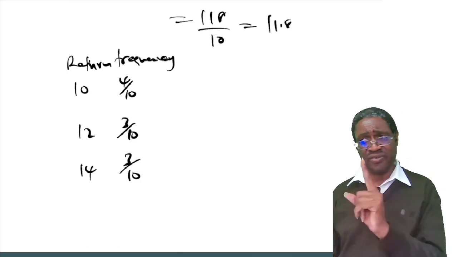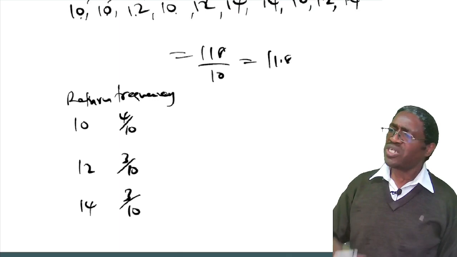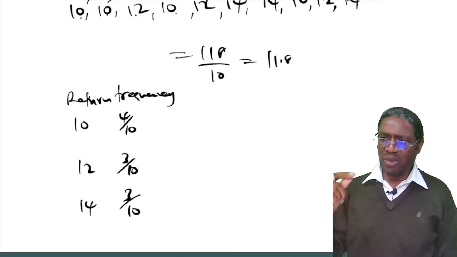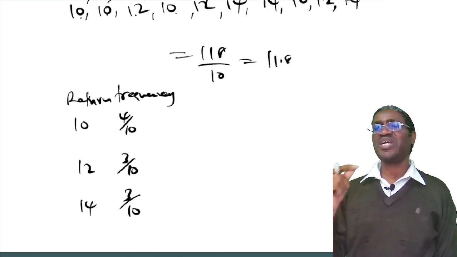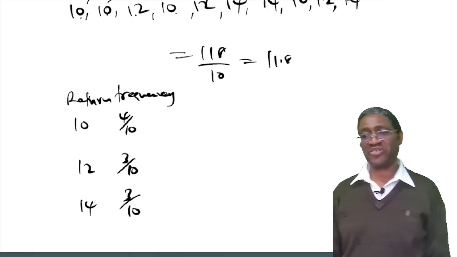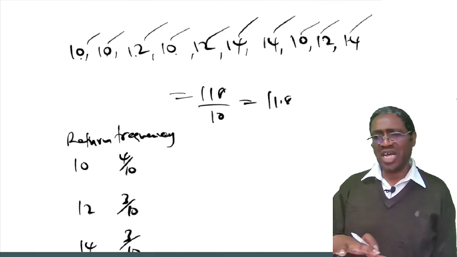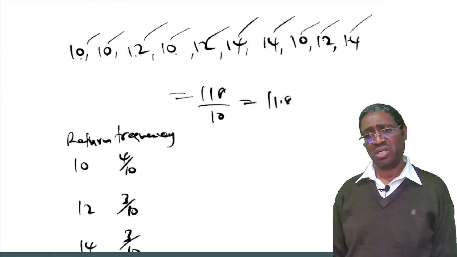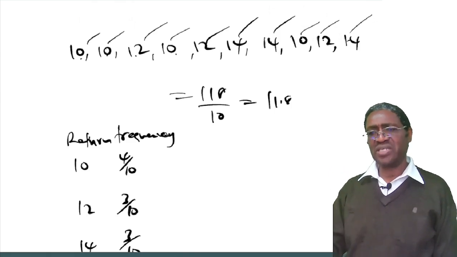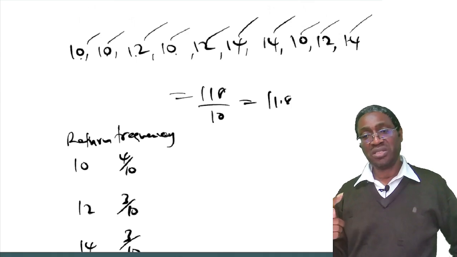Now listen carefully. You may be asked, what is the probability that I will get a return of 10% on my investment, maybe next year? If this has been the history of this investment, what is the probability that I'll get a return of 10%?